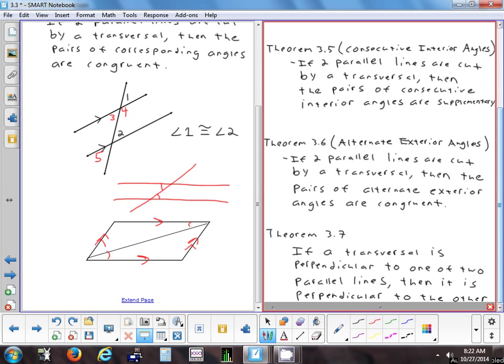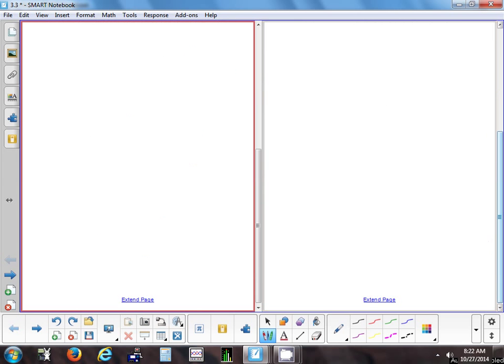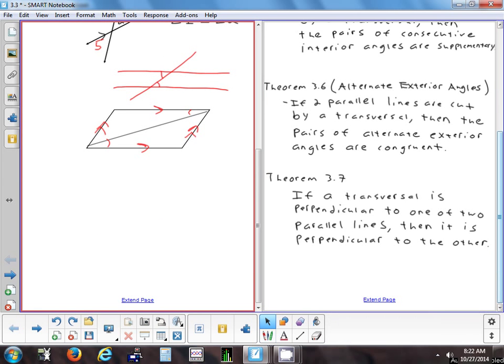And our last theorem says that if a transversal is perpendicular to one of two parallel lines, then it is perpendicular to the other. We probably won't go through the proof, but we can look at it quickly.